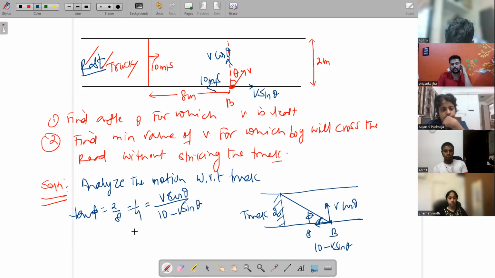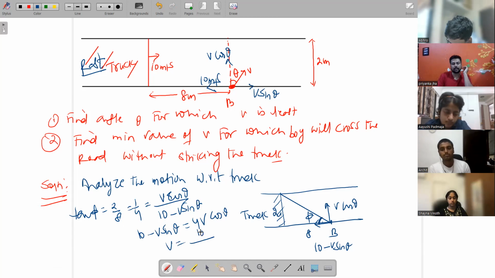Solve it, you will get the answer. 10 minus V sin theta equal to 4V cos theta. So V is 10 upon (sin theta plus 4 cos theta). So what is the minimum value of V? For V to be minimum, this denominator has to be maximum. And what is the maximum value of this?